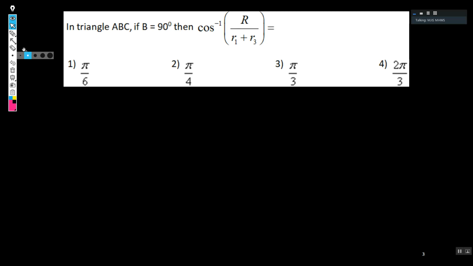Angle B is given to be 90 degrees. What else is given? Nothing given. Of course, it's a triangle, so A plus B plus C is equal to 180 degrees.